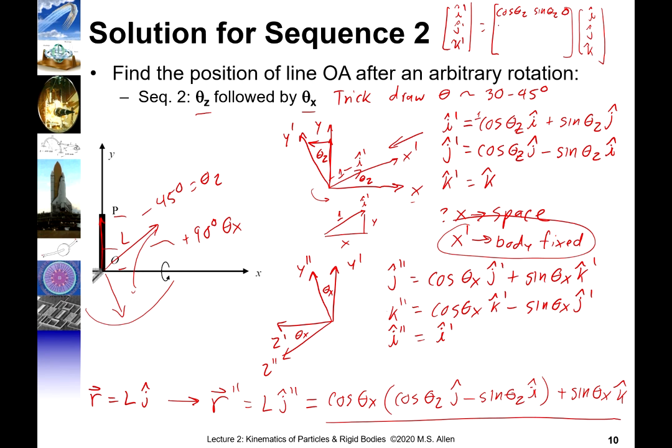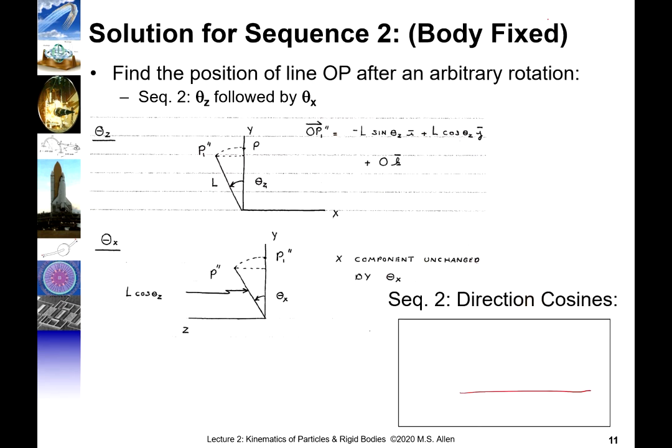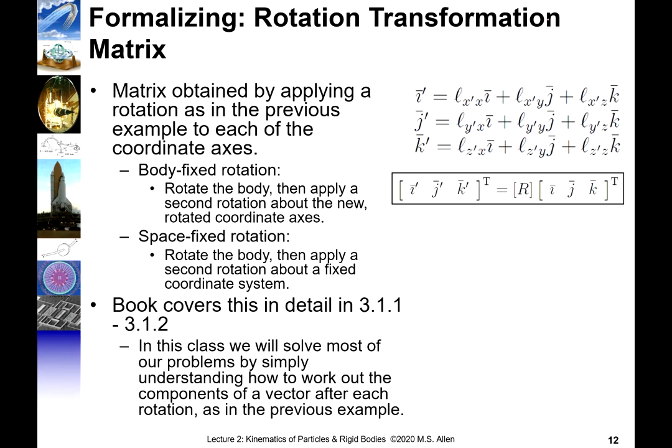And similarly, we can write in the second one, minus sine theta z, cosine theta z, 0. And this last equation will just be 0, 0, 1. And so that is our rotation matrix.